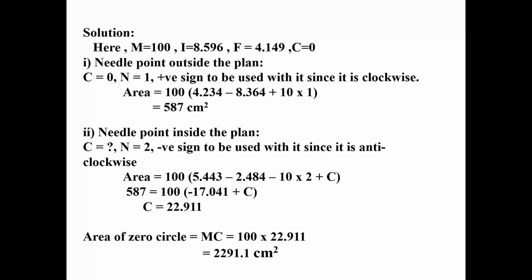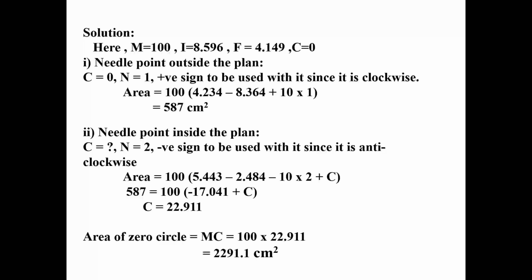Needle point inside the plan. See here, we will find the C value. M is given, that is 100, but C is not given in the problem. In the second case, inside the plan, C should exist, so C should be found. C equals how much? N is 2, with a negative sign since it is anti-clockwise.